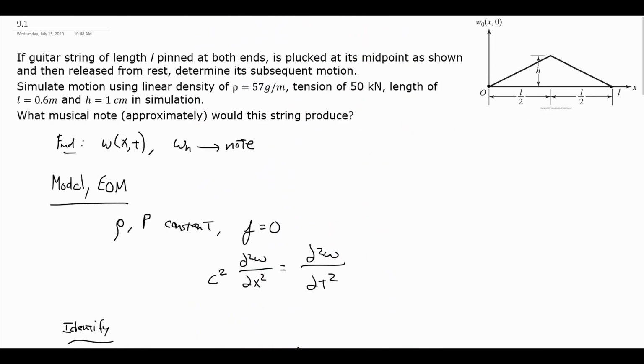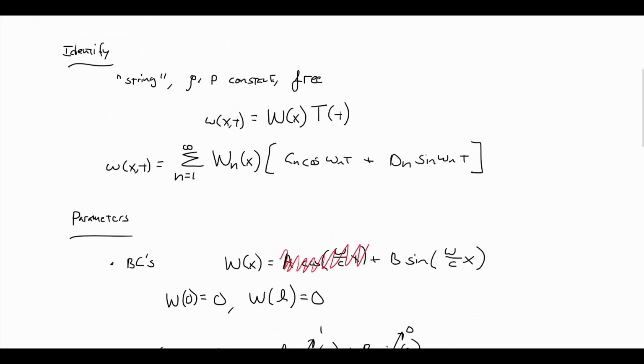We are plucking the string in that we are going to hold it in this triangle shape, and then at time of 0 we let go of it. So we need to define across our entire 0 to L space what is the initial position of that string. In the middle it's equal to h, and on the left side and the right side it's equal to 0, and it's going to be a linear slope in between.